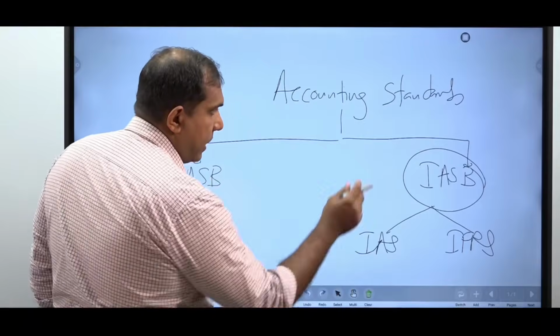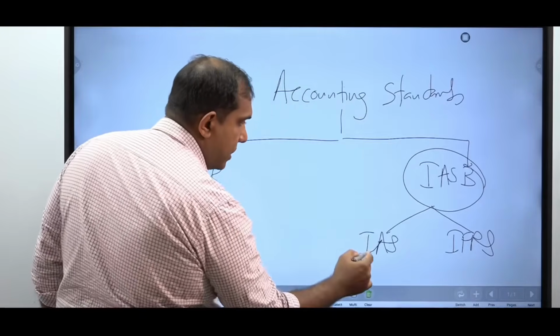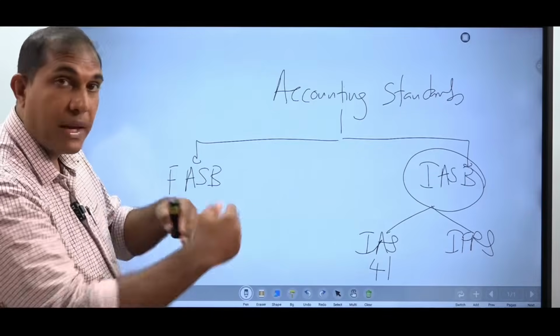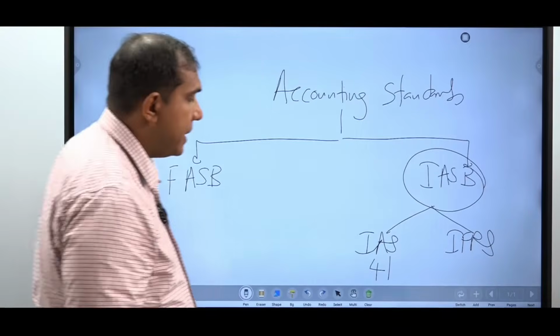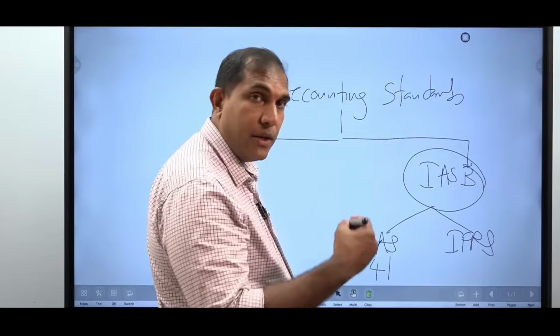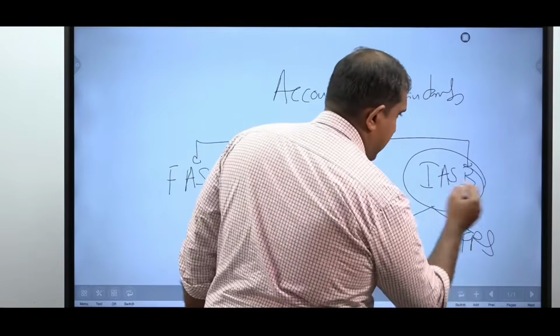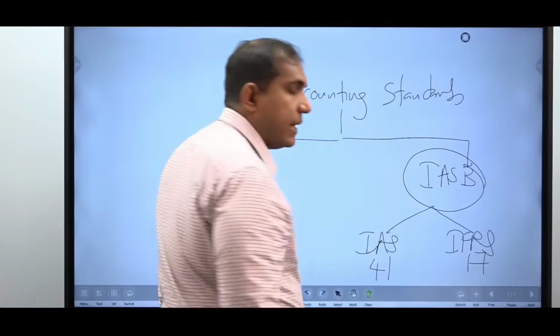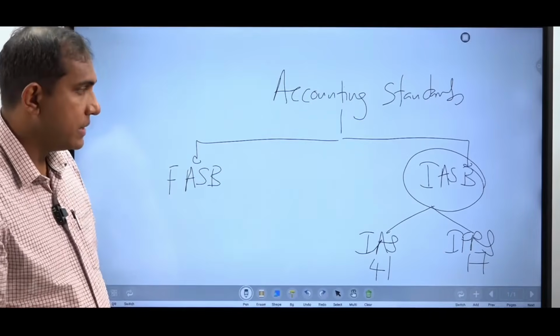Currently, IASB has issued 41 IASs, that is the maximum number. Then when it comes to IFRS, IASB has issued 17 IFRSs.